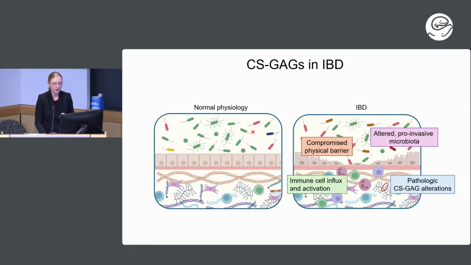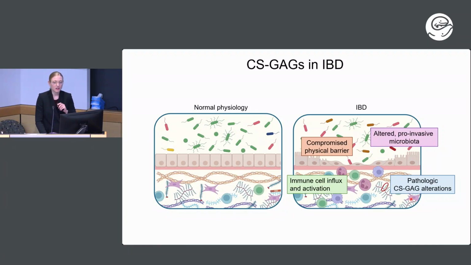I think all gastroenterologists are visual people who like to see things visually. So let's go back to our model of the changes that we see in the intestine in IBD. So we've confirmed that we do indeed see pathologic CS-GAG alterations in active IBD that are modulated by disease activity and not just a predisposition to the disease.